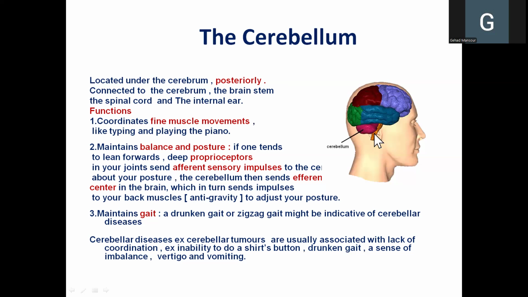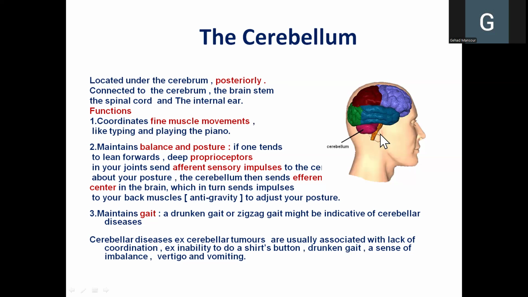It is actually a connection between the inner ear and the cerebellum. But the inner ear contains two organs, the cochlea and the semicircular canals. So it's actually between the semicircular canals in the inner ear and the cerebellum.